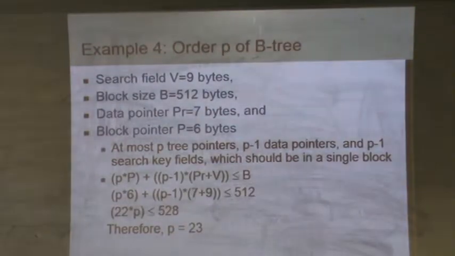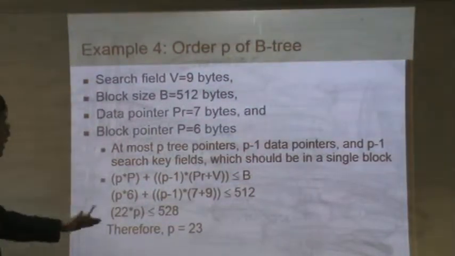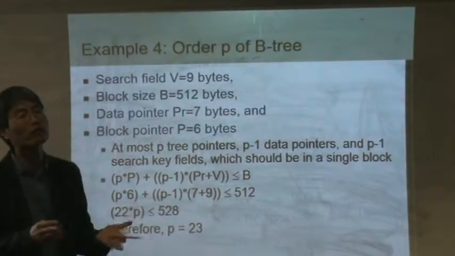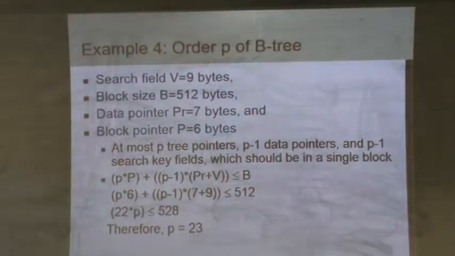Also, we can evaluate, just like what we have done for the single-level index and multi-level index, how much faster it is. For example, you need something like 23 IOs to access the data using the B-tree index, but I'm not going to explain the details.